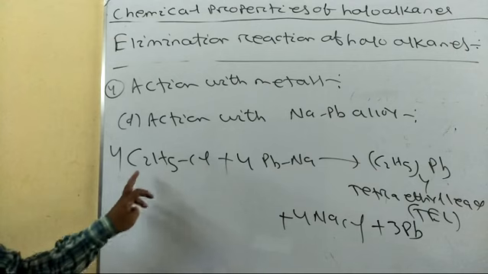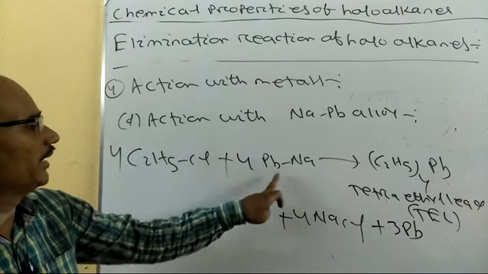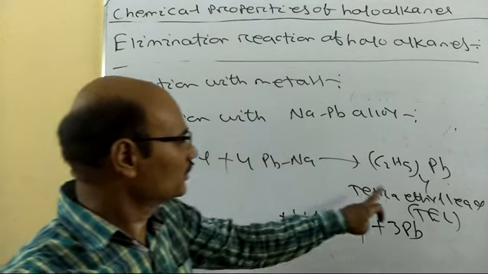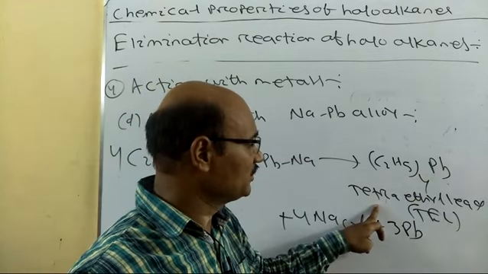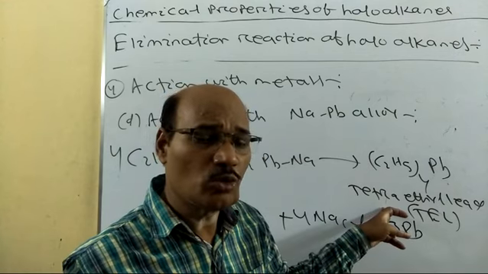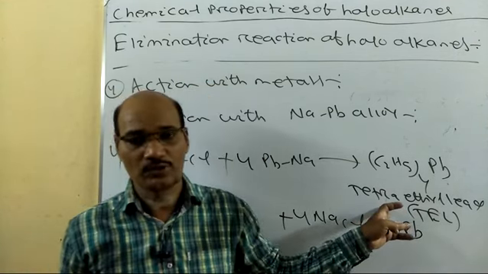So ethyl bromide with sodium lead alloy gives tetraethyl lead, and this tetraethyl lead is used as an anti-knocking compound in gasoline, in petrol.